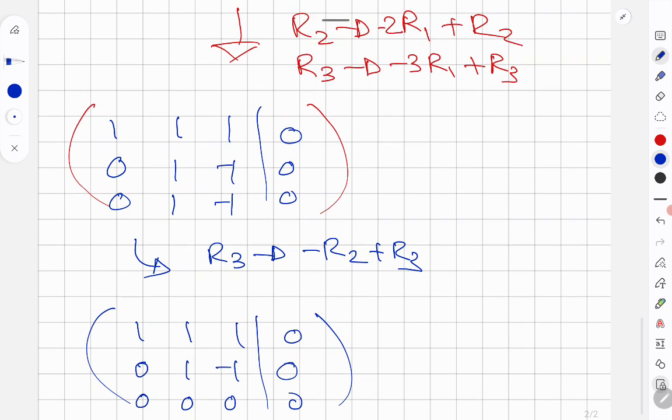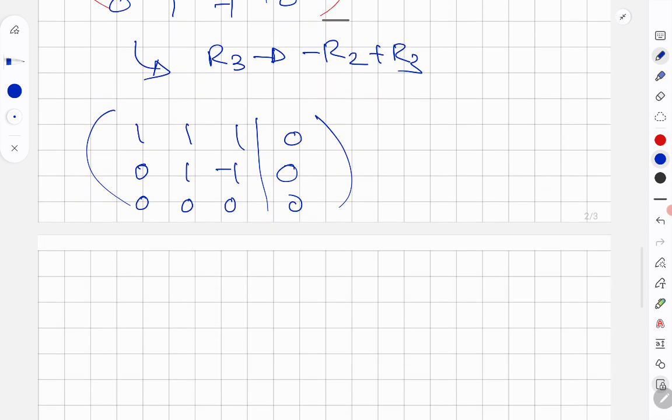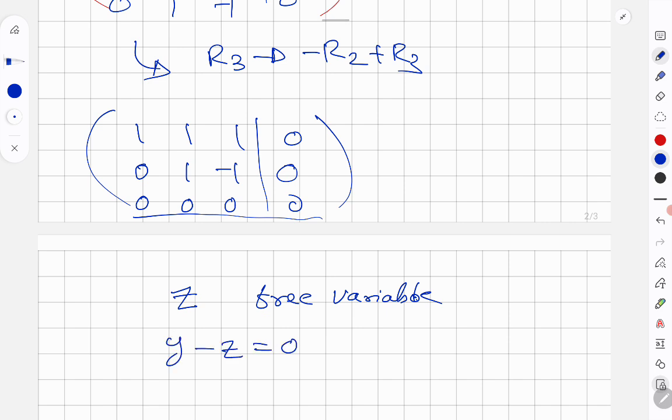So here, since I get all these lines are 0, so there is a free variable, that is z. z is a free variable. Then my second equation will be y minus z equal to 0. So y equal to z.